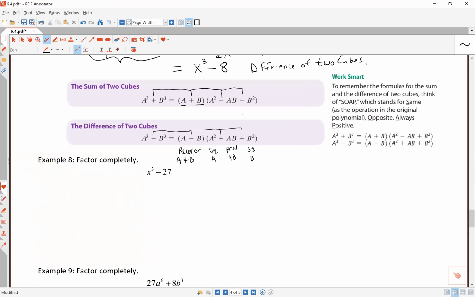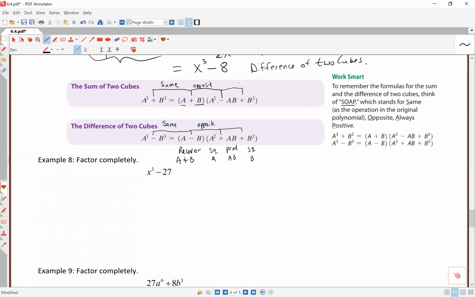To remember that, we think of SOAP, which stands for the same sign. Then if it's a minus, then it's the opposite sign. If it's a plus, then it's a minus. If it's a minus, then it's a plus.